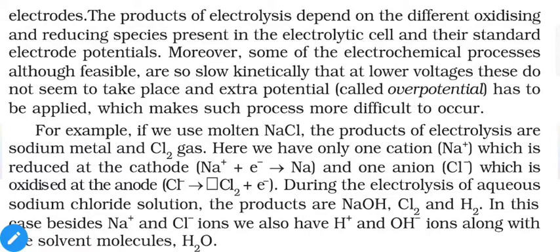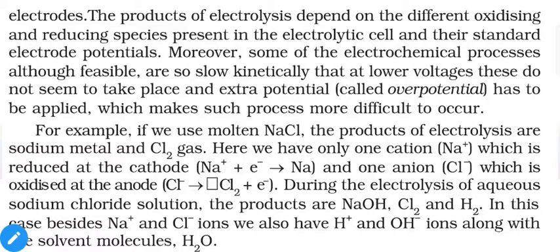So assume a situation in which you have two different positive ions and two different negative ions, and we need one oxidation and one reduction reaction. As we know, on the cathode you get a reduction reaction and on the anode you get an oxidation reaction, but only one element can be reduced and only one element can be oxidized.